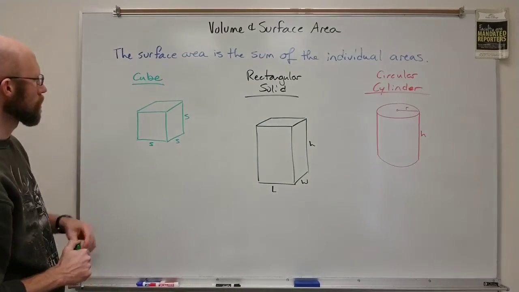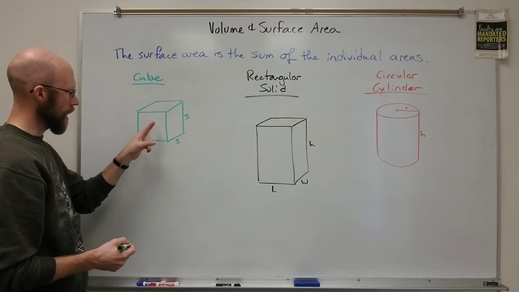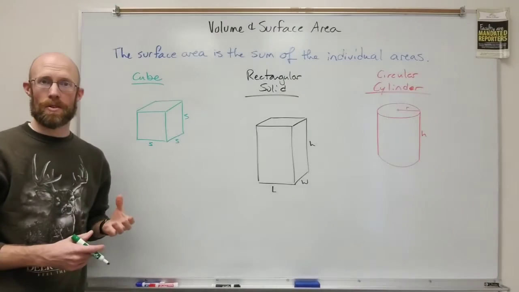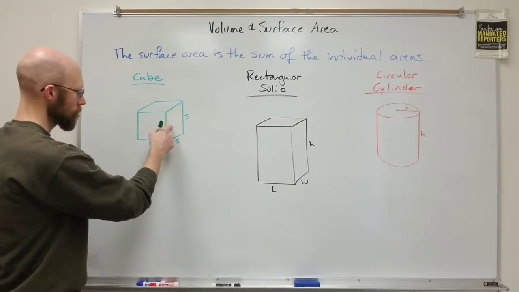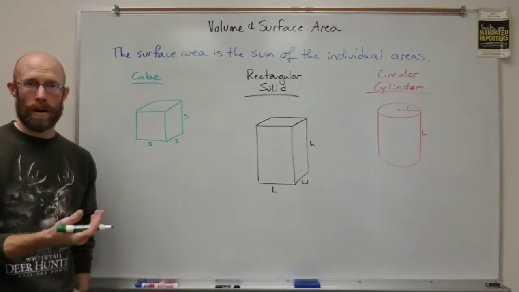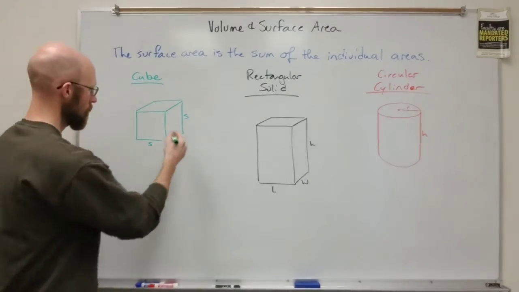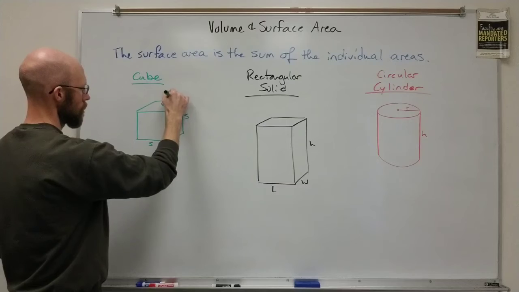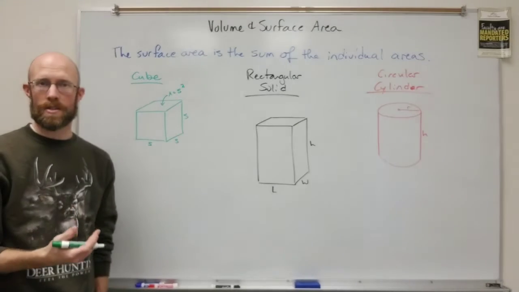But anyway, the surface area of this cube is going to be found by simply adding up all the surfaces. Now there are 6 equal size surfaces. Each surface, each square, has an area of S squared, right? So the individual area is equal to S squared for each of the 6 sides.